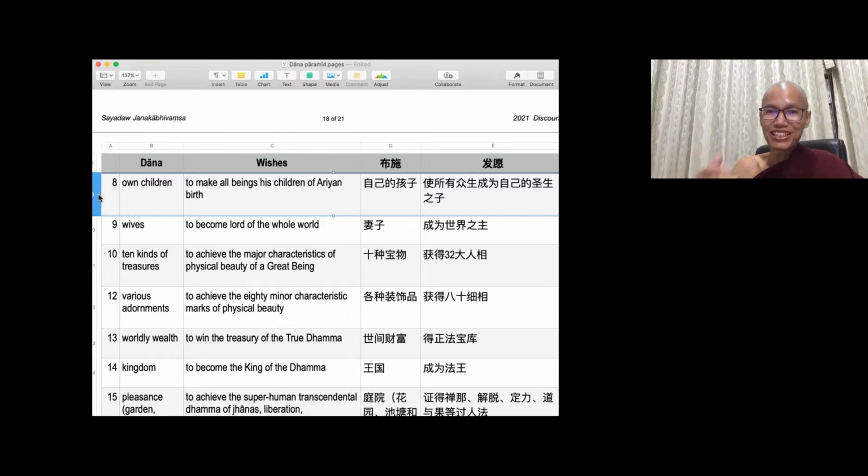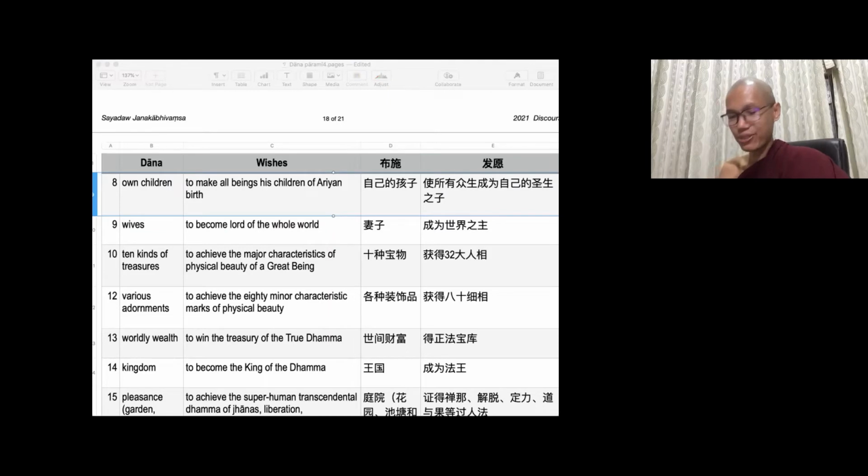In some countries, if you want to donate to your children, the government may not accept. So sometimes it is different, at least you can notice that.